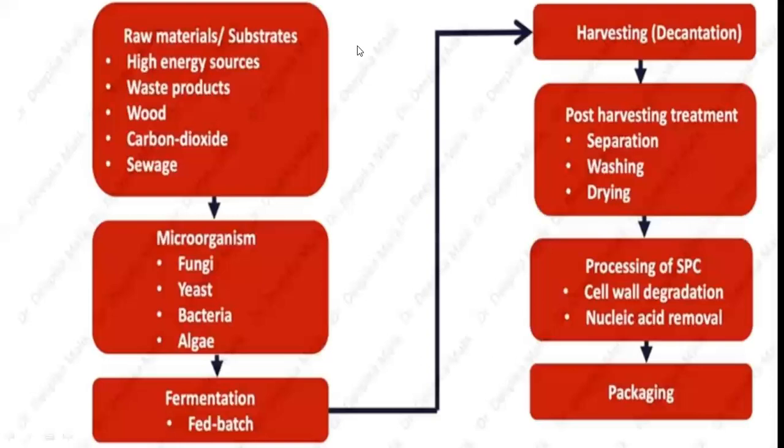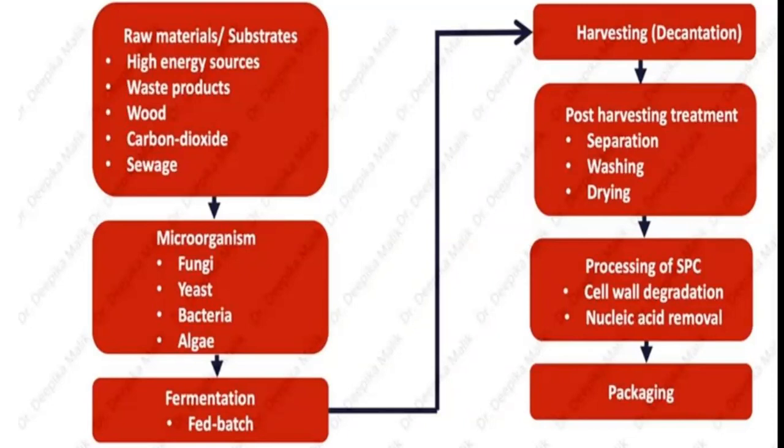Now a quick review of the production of SCP. Selection of raw material with a high energy source, such as waste products, wood, carbon dioxide, and sewage. After that, a suitable microorganism is selected, which may be fungi, yeast, bacteria, or algae. After that, fermentation is carried out, namely fed batch fermentation, which is prescribed for the production of SCP.